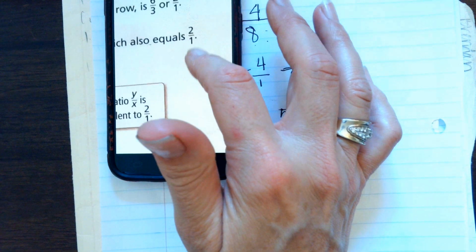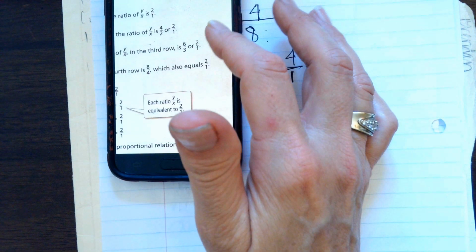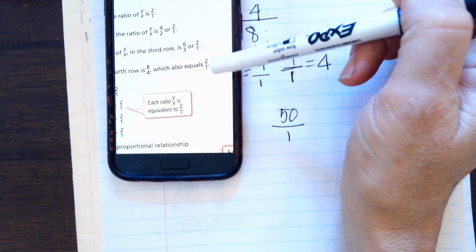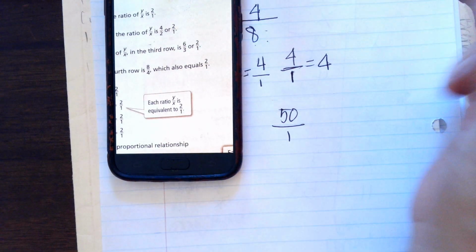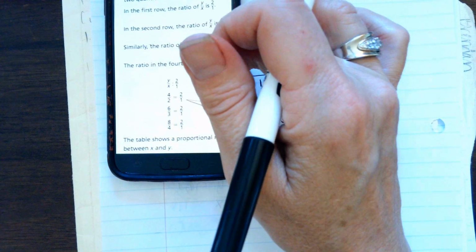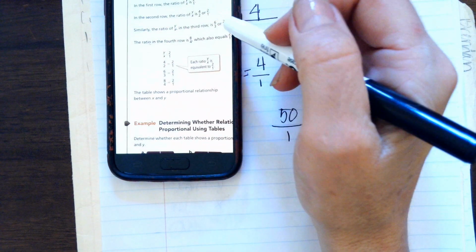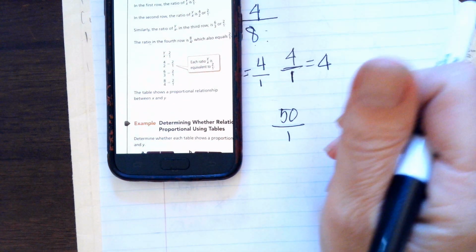Now when we solve all of these, we see that it's 2 over 1, 2 over 1, 2 over 1, and 2 over 1. So is it proportional? It is, because each of them, when it's solved, will come out to be a 2.